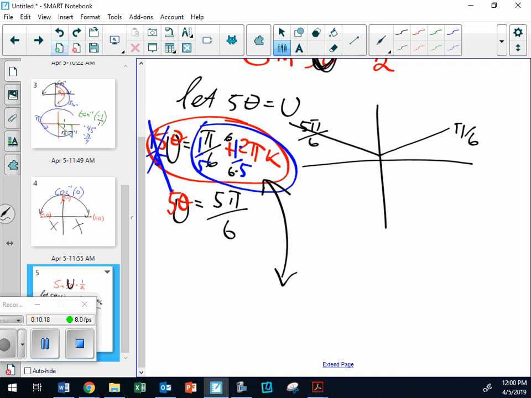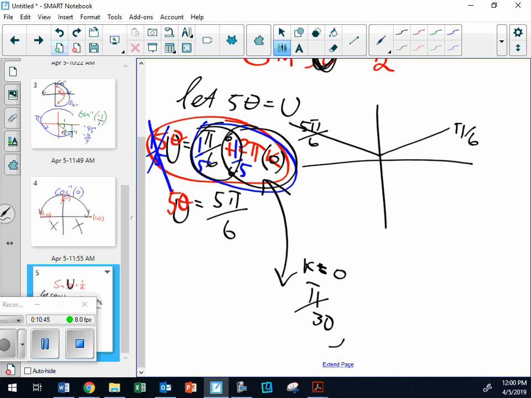Okay, so then you're going to let k equal 0. And if k equals 0, this part right here equals 0. If k equals 0, then this part disappears, and you just have pi over 30. Raise your hand if you had pi over 30 as the first one. Okay, that was the easy one, because we didn't need common denominators or anything.